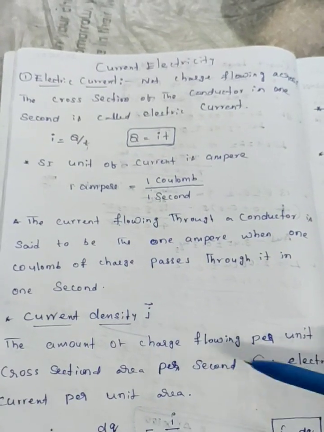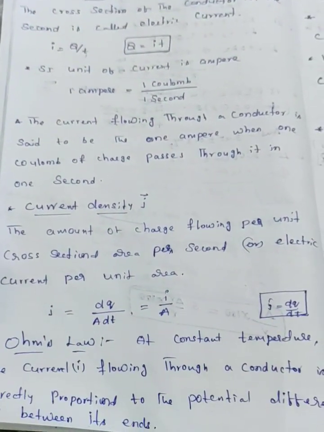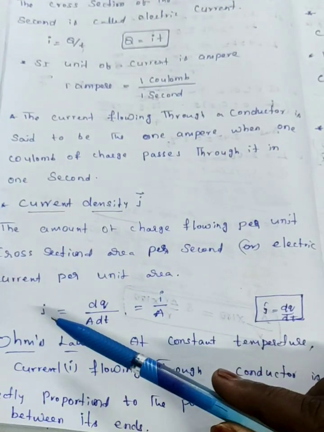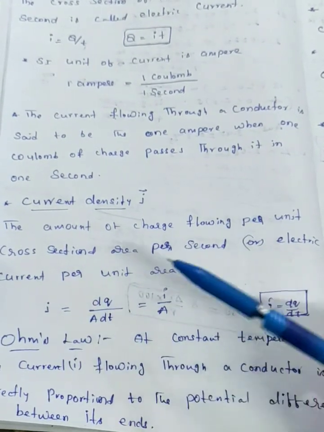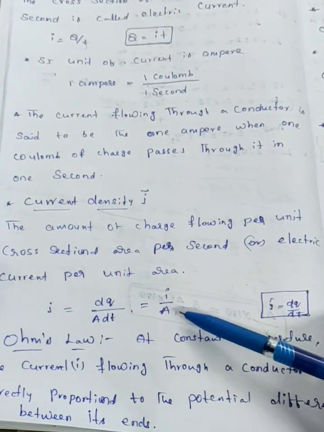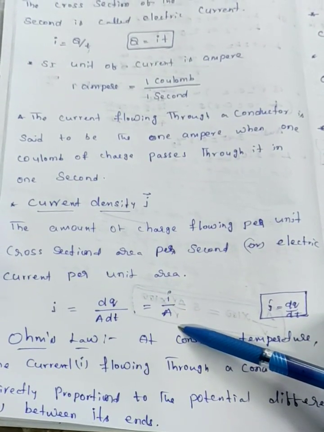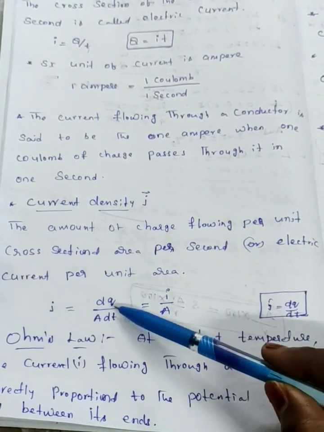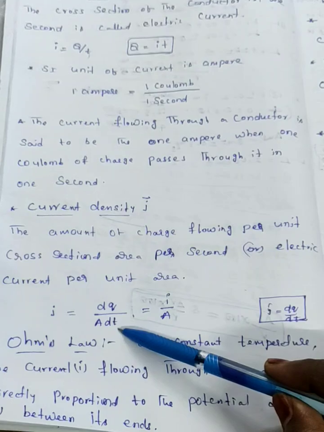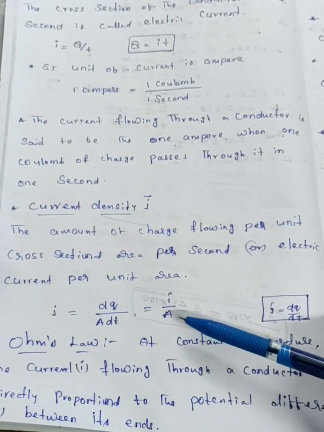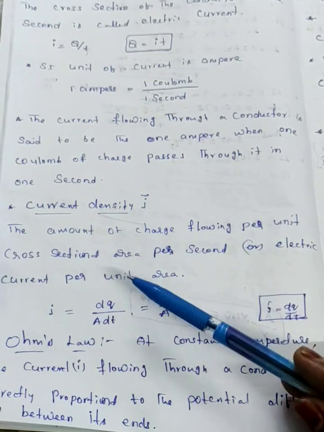Next, current density. Current density, remember the formula properly. J. Current density J is current per unit area. That means I is equal to dq by dt. Here, the amount of charge flowing per unit cross-sectional area.